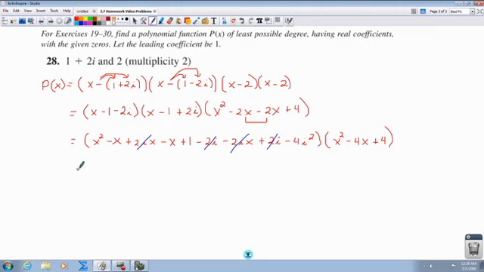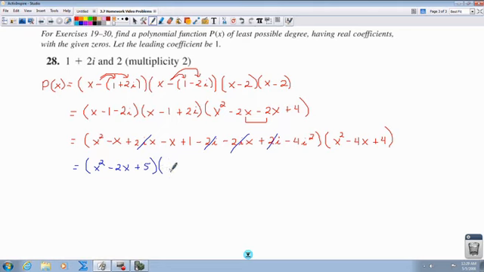Let's put everything else together that we possibly can. The x squared does not have any other like terms. Minus x and minus x make minus 2x. And we have a positive 1, which goes with this term here because we know that i squared is negative 1. So negative 1 times negative 4 is positive 4. So positive 4 and positive 1 make positive 5. We're going to close that.